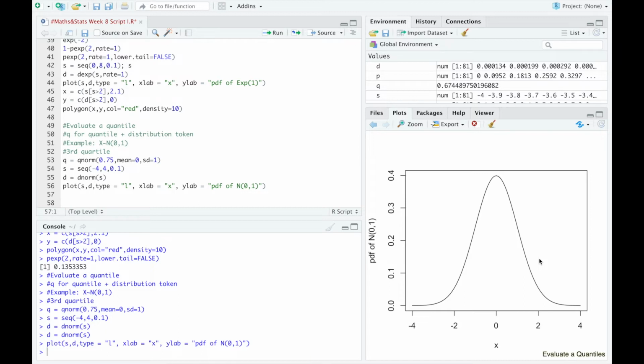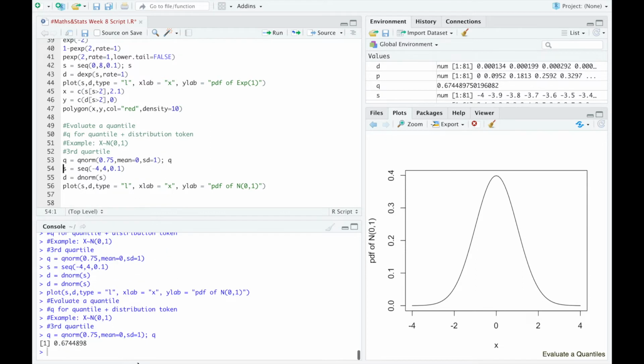So with the command qnorm, you know already, I'm computing the quantile. Basically it means that the area before, let's see what this q is. The quantile is 0.67.